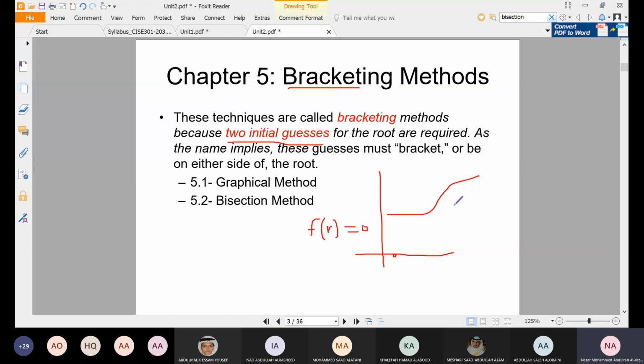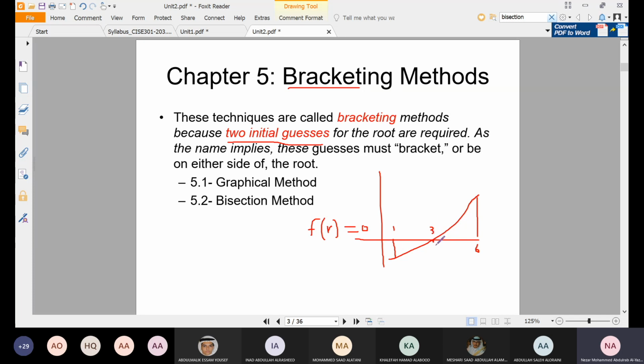So for example, I start from this guess of the root. Here, for example, this equals 1, and here x equals 6, and the root is here at 3, assume.